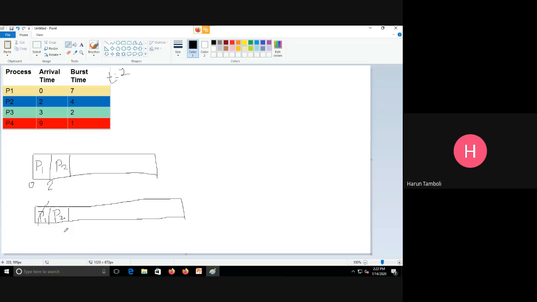Suppose P1 is in the system and P1 gets the CPU. Now P1 is not in the ready state; P1 is in the running state.